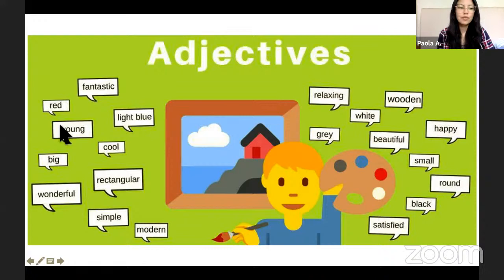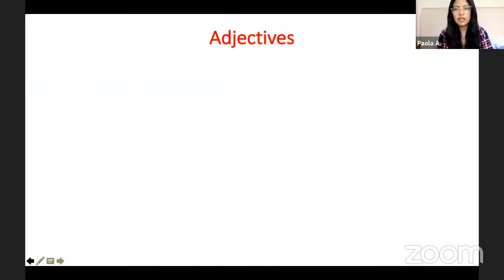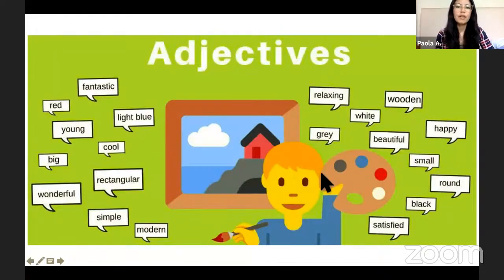We're going to concentrate not on how many types there are. However, we are going to concentrate on the form. How do we use it? Okay, so when do we use adjectives? We use them to describe a person or a thing. So think about anything. You can think about a situation or experience that could be maybe relaxing or satisfying or wonderful.